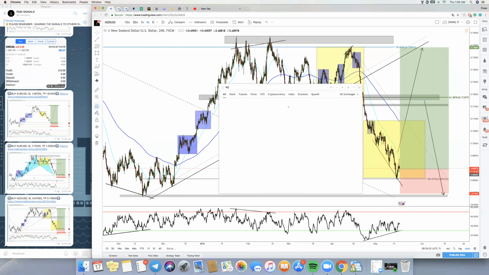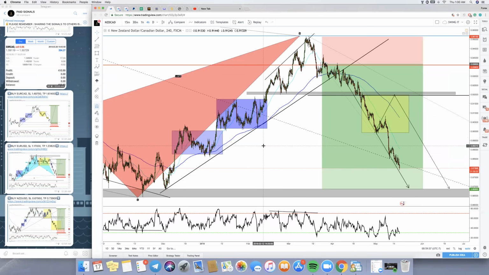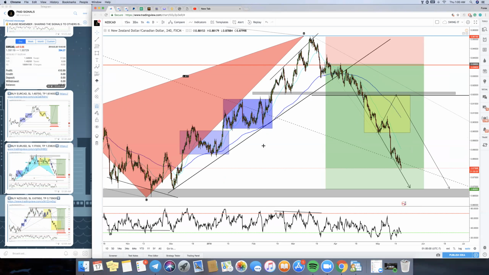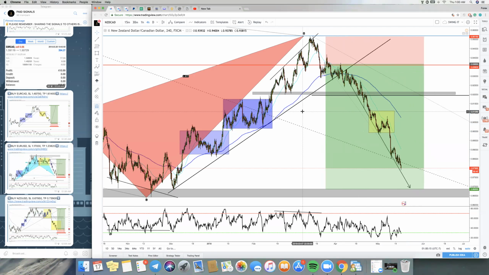Now it would be NZD CAD. Okay, NZD CAD. I expected the price to go back up, but it actually didn't. So that's the level 1 consolidation right there.